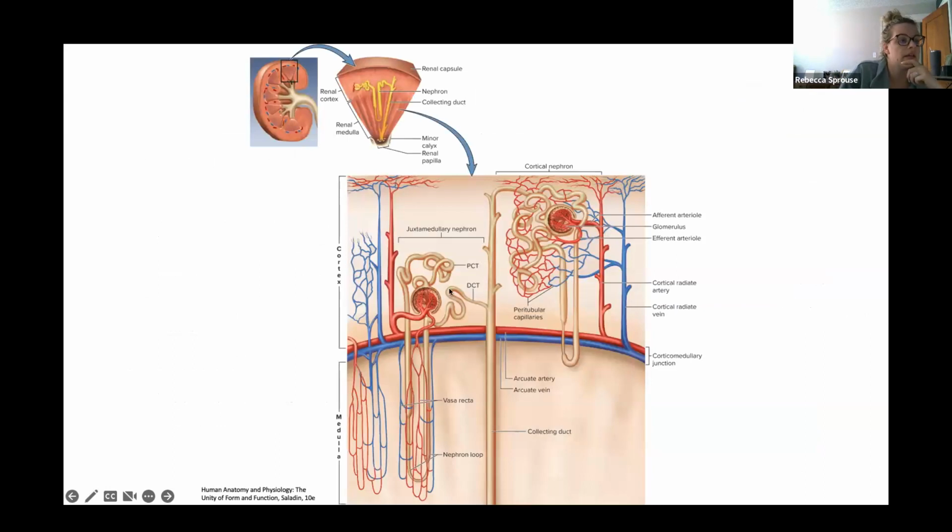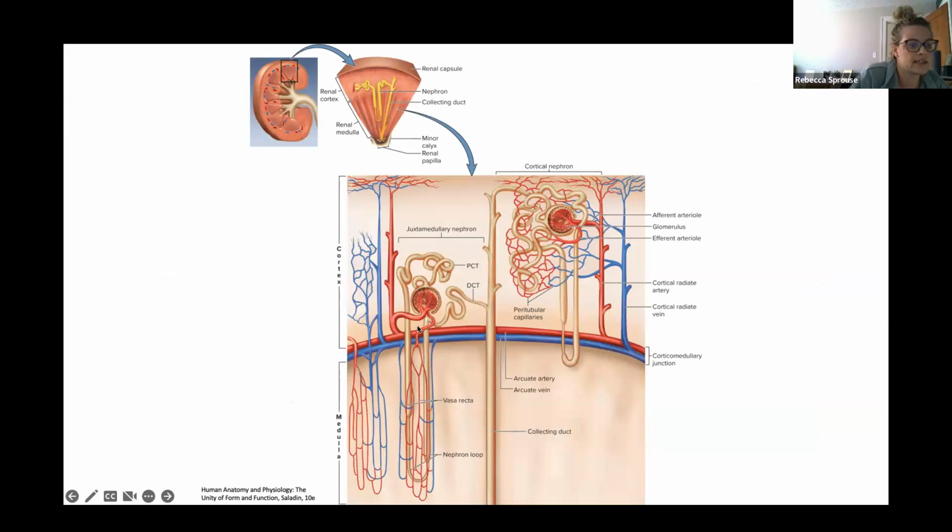So let's go over that order one more time here in this picture. Everything's kind of stretched out a little bit better. We come into the kidney, and let's start with the arcuate artery into cortical radiate artery. Branching off the cortical radiate artery is our afferent arteriole that enters our glomerulus. Filtered blood will exit the glomerulus via the efferent arteriole.